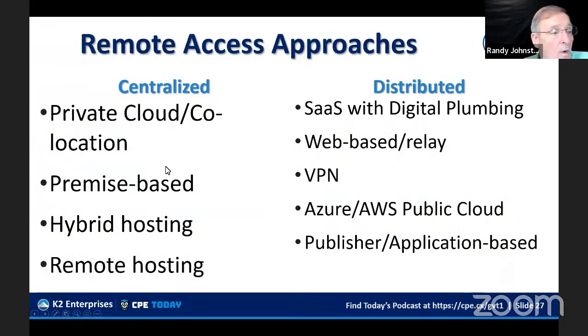Okay. Well, there are several remote access approaches out there, and this is not all of them. But from a centralized computing perspective, you've got private cloud co-locations, you've got premise-based, you've got hybrid hosting, you've got remote hosting. And from a distributed perspective, you have SaaS applications where you run all in a browser and just hook things together with connection software we call digital plumbing.